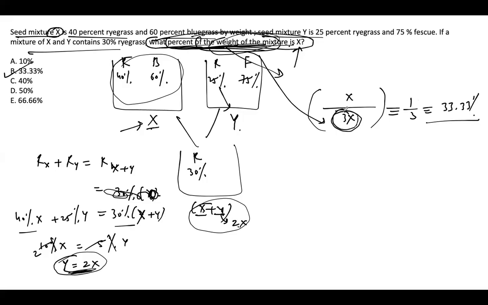So 3X. So what percentage of this is X? X is the weight of X. X is just X, so X upon 3X is 1 by 3 or 33%. So this ends our discussion on ratios, mixture, concepts, and questions.